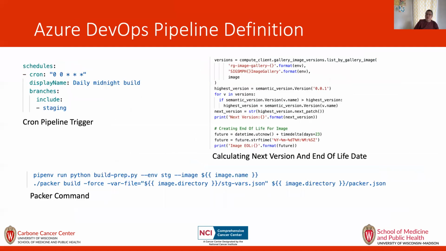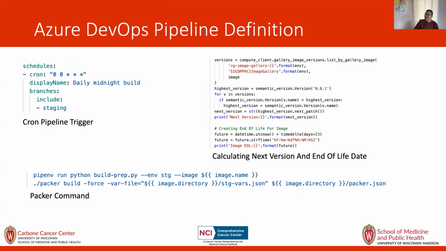So in the top left corner, we can see how we can add a cron style pipeline trigger. This is a fairly simple one that tells it to execute the staging branch at midnight every night.